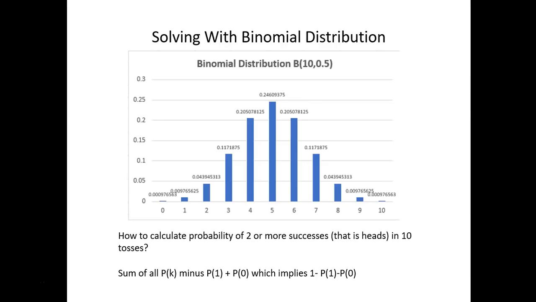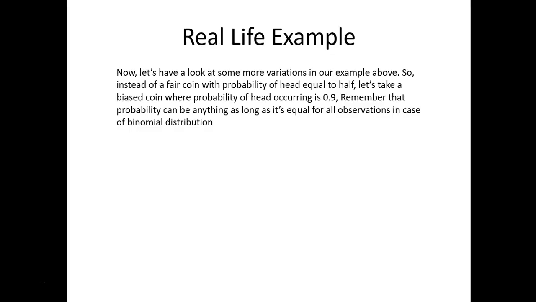Next we'll move on to a real life example. But let's have a look at some more variations in our example, and instead of doing a coin toss, let's take a biased coin. This is not a real life example, I'm just modifying the old example before I move on to a real life one.